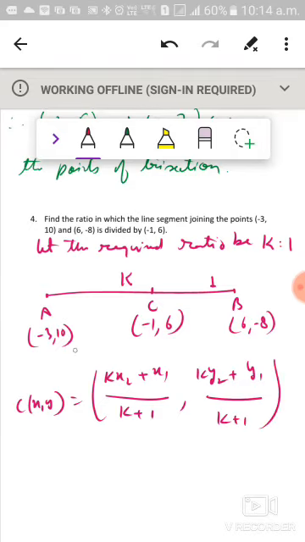Here this is our x1, this is y1, this is x2, this is y2.